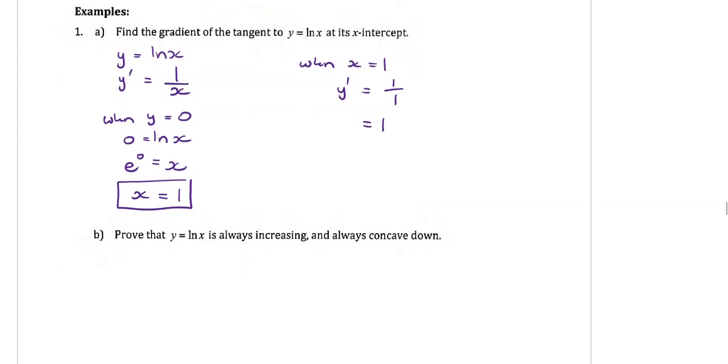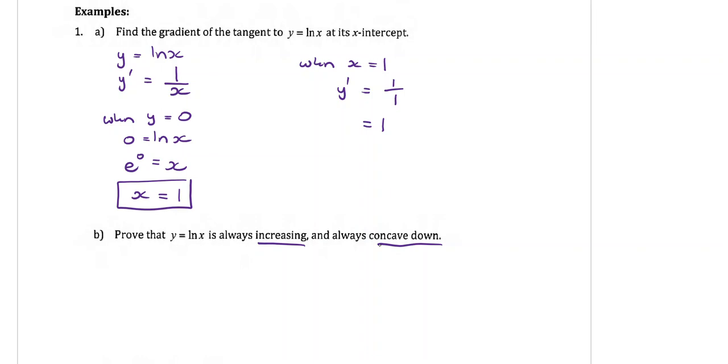Okay, question B. Prove that y equals ln of x is always increasing and always concave down. Increasing means the first derivative, or the gradient, needs to always be positive. Now this is a logarithm.